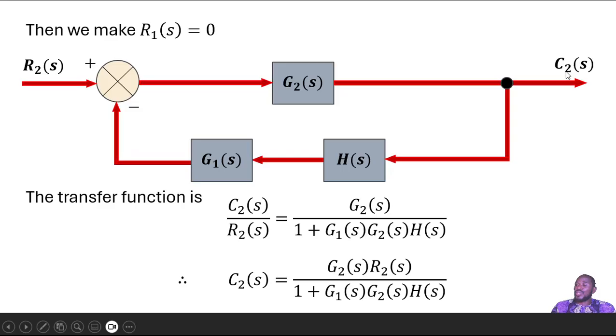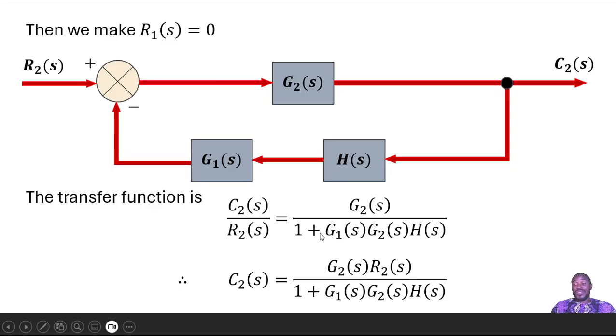So C2 of S. So the transfer function is C2 of S all over R2 of S equals the feedback system. So the forward loop transfer function is G2 of S. That's what will be the numerator, divided by 1. The sign here depends on what is here.